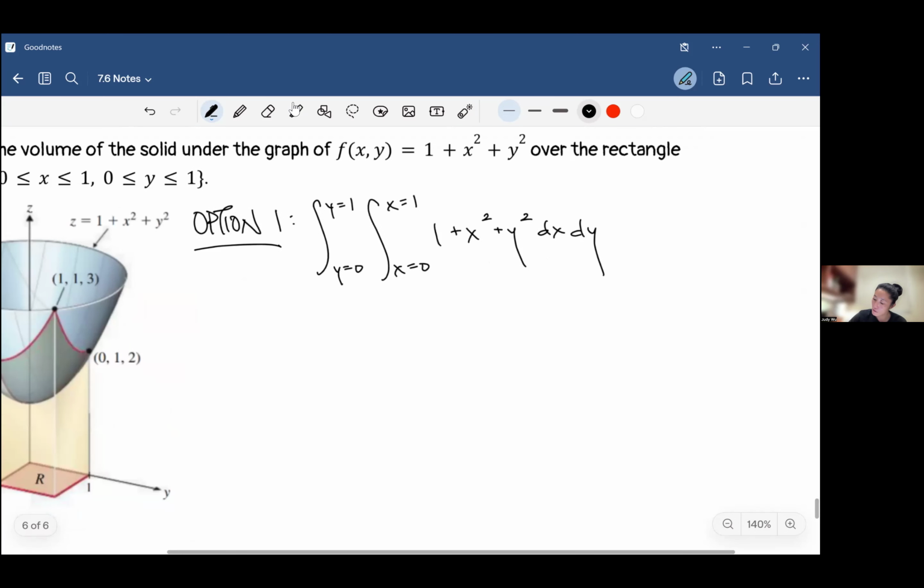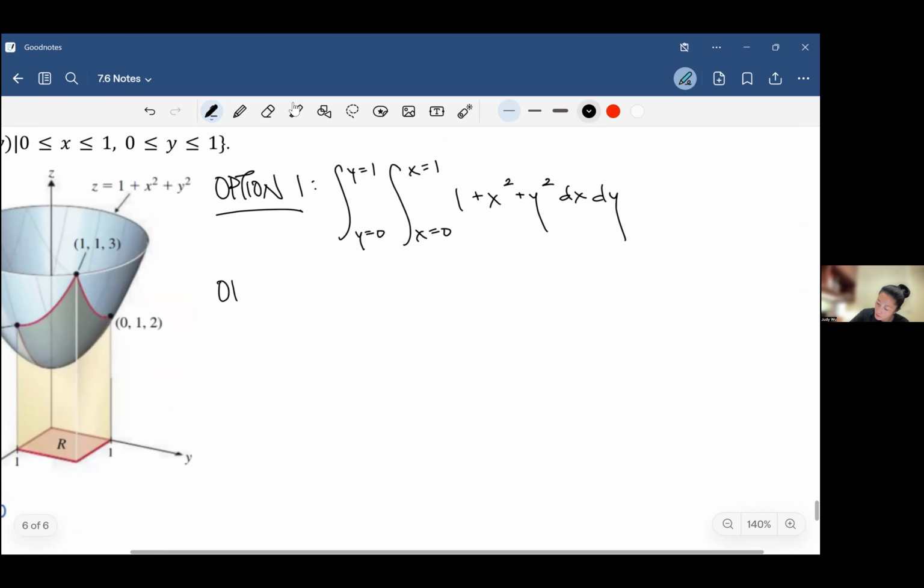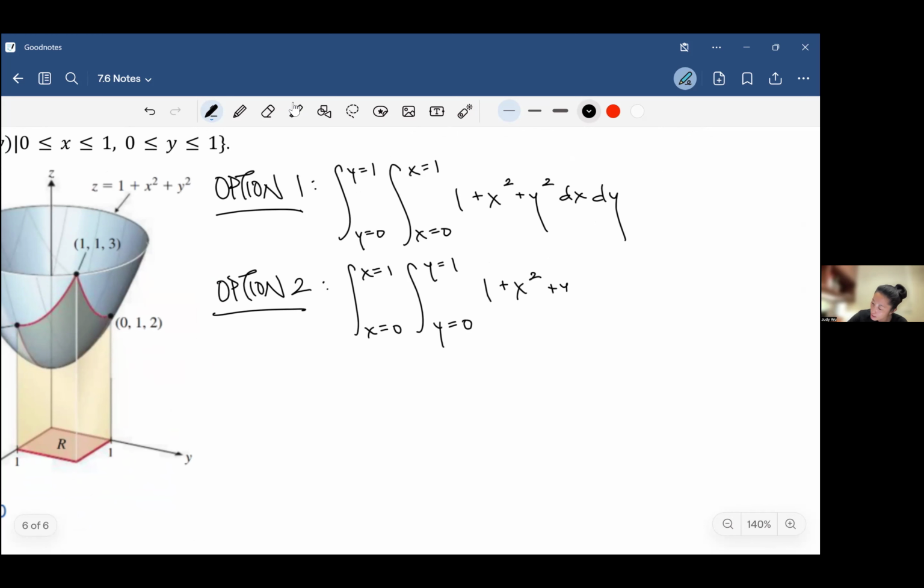I don't have a ton of horizontal space this time, so I'm going to put option 2 right below it: the integral from x equals 0 to x equals 1, of the integral from y equals 0 to y equals 1, of 1 plus x squared plus y squared dy dx.